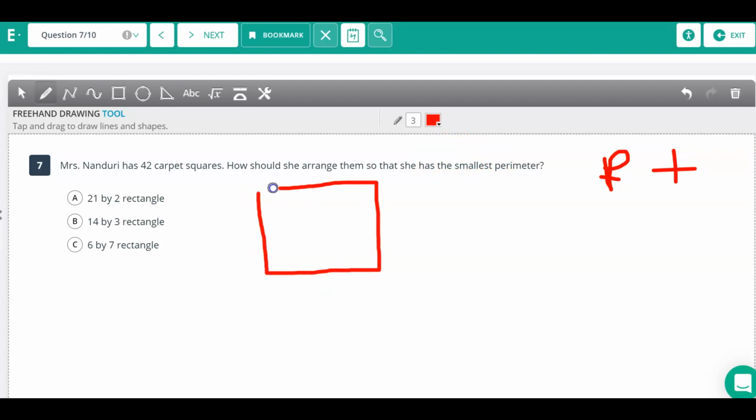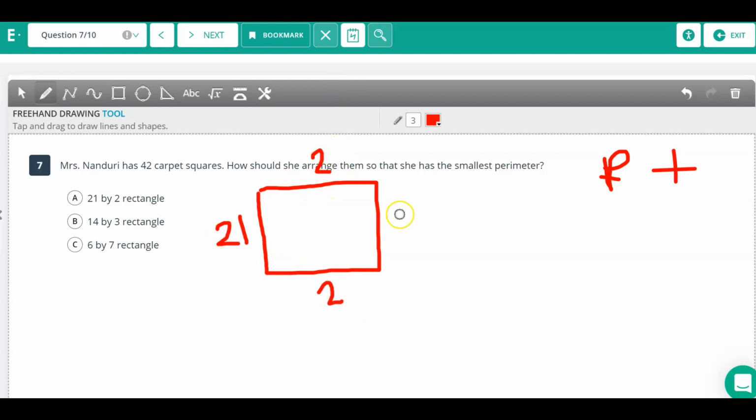So I'm going to try out each one of these to see what the perimeter would be. So it says 21 by 2. Now when I'm finding the perimeter, I have to find the length of each side. Now the easy thing with rectangles is the opposite side is the same. So if this is 2, this is 2.